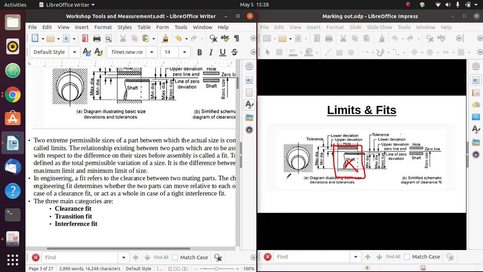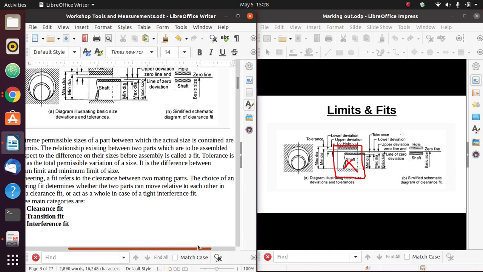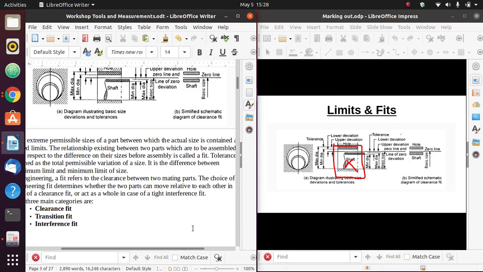Now, when we talk about limit, the maximum, the extreme permissible sizes that a part can be made is known as the limit. This is usually in any design. Let's say we want to design a rectangular box, and we want the length to be 10 centimeters. But we have to put in the aspect of tolerance.